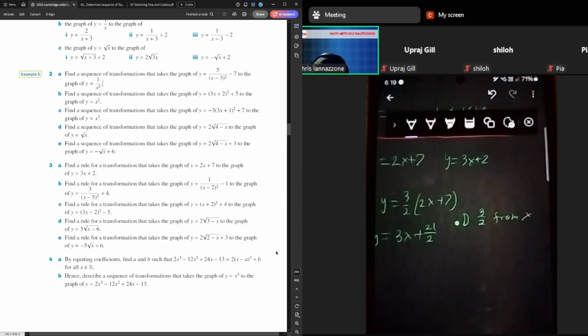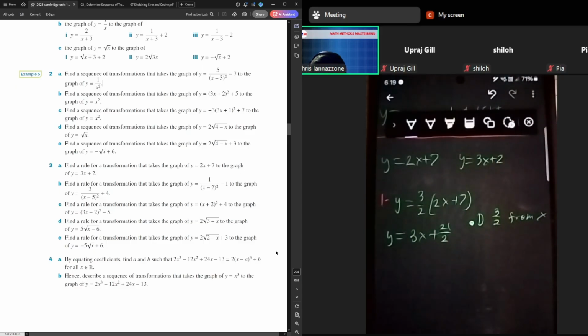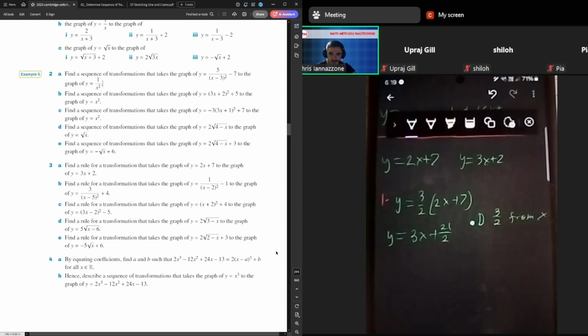I mean, this one you could actually rewrite as from the y. The way you would do that is invert it. So you could say it's a dilate of 2/3 from the y. That's what makes the linear ones a little bit weirder, because they can theoretically be described as either.